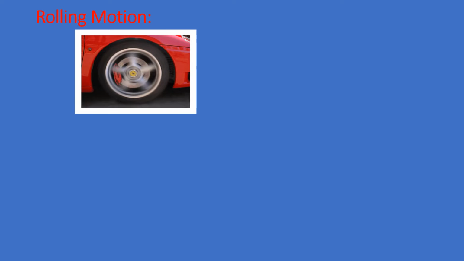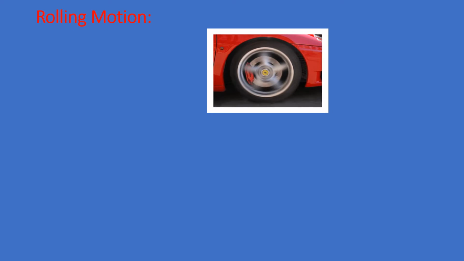Consider a purely rolling motion of a wheel of a car. Here, the wheel of the car performs translation motion as well as rotational motion.